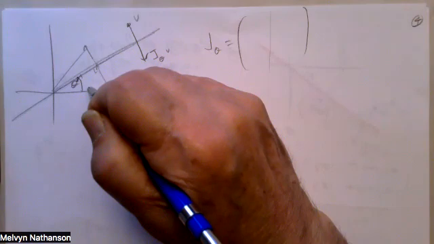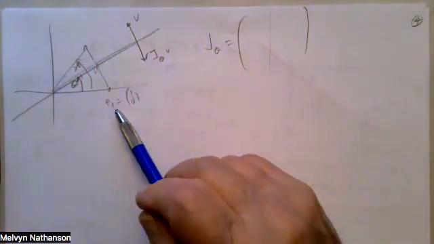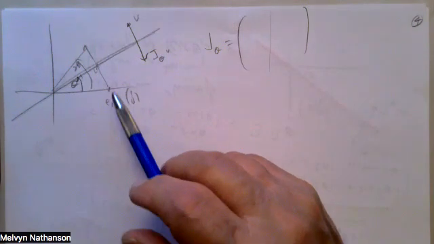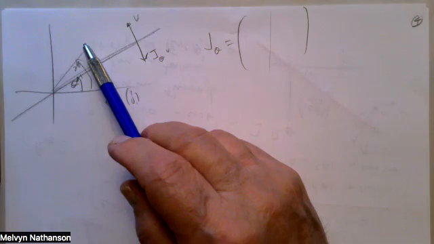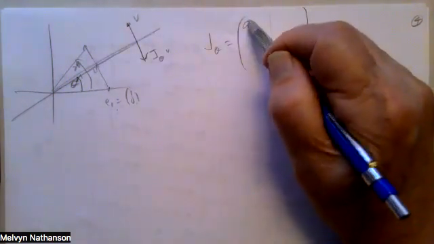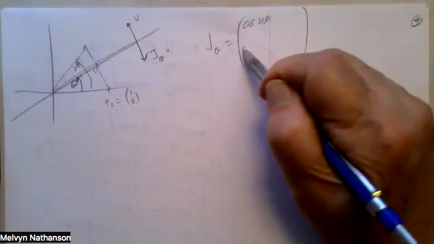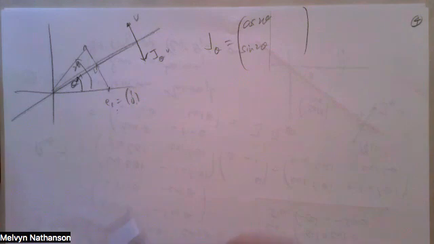That's exactly the same as rotating this vector through 2 theta radians. And if you take the unit vector and rotate it by 2 theta, the coordinates are cosine of 2 theta, sine of 2 theta. Right? That's easy.